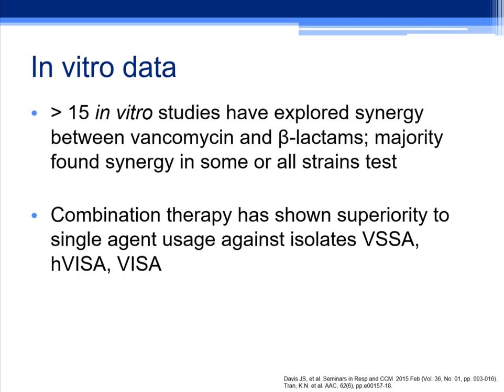We know that the majority have found synergy in some or at least all strains. There can be some variability between vanc-sensitive Staph aureus, vanc-intermediate Staph aureus, vanc-resistant, and heterogeneous vanc-intermediate Staph aureus when you look at some of the in vitro data.